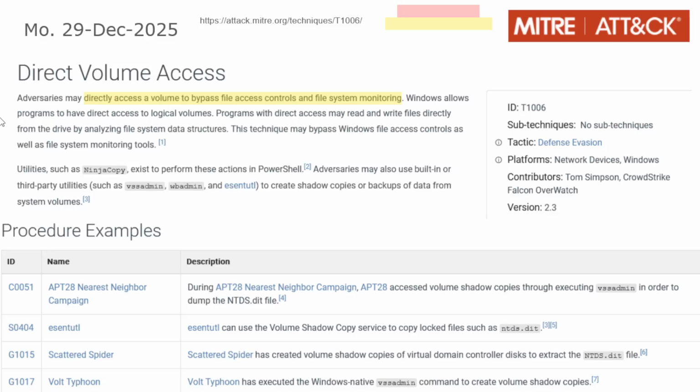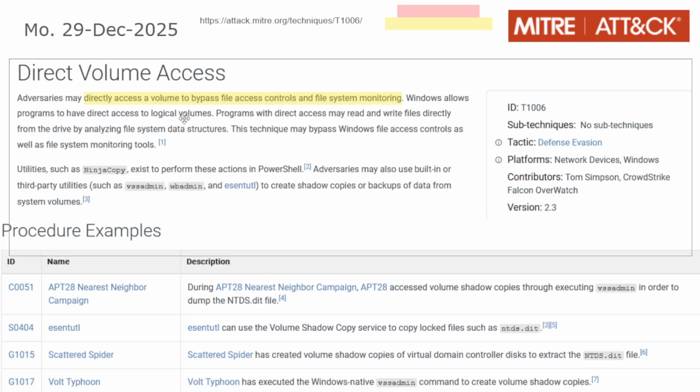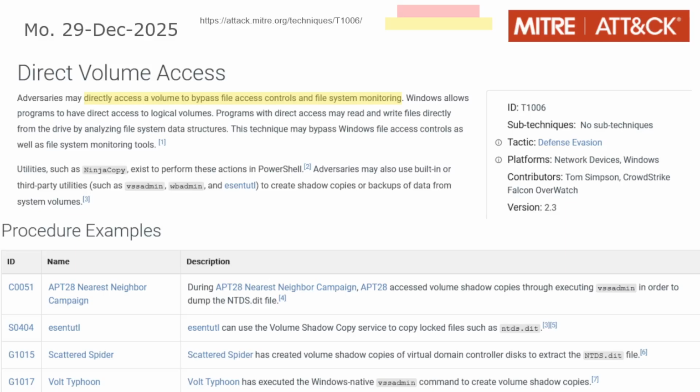Windows allows programs to have direct access to logical volumes. Programs with direct access may read and write directly from the device by analyzing file system data structures. This technique may bypass Windows file access controls as well as file system monitoring tools. Utilities such as NinjaCopy, will we see them at the bottom maybe?